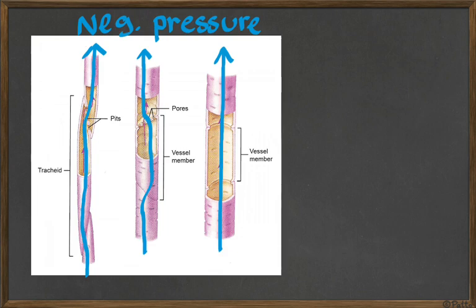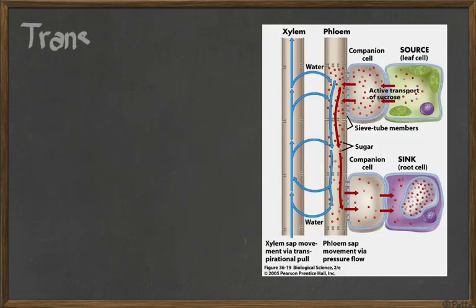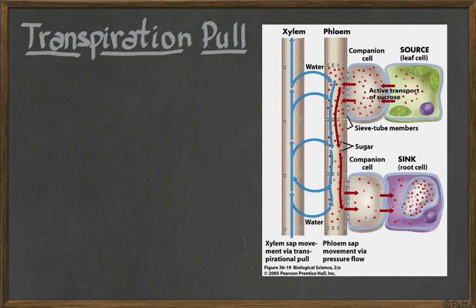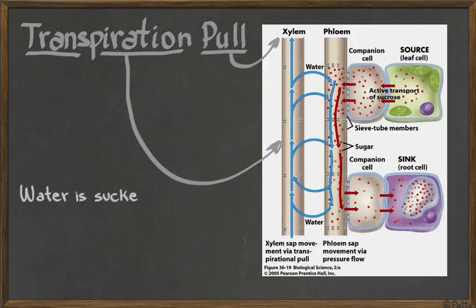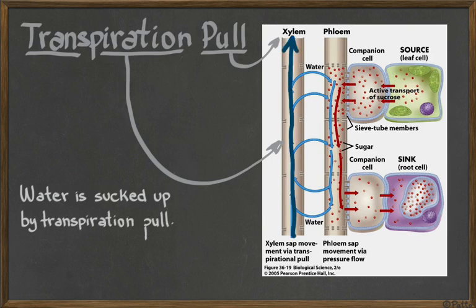So this negative pressure is the most important way that the water is moved along the plant. So that's the transpiration pull. The water is pulled over there and is sucked up, and it moves just like when we suck water through a little straw.